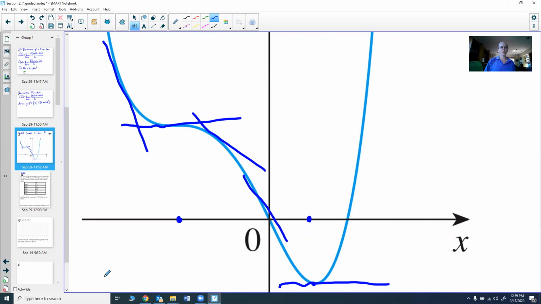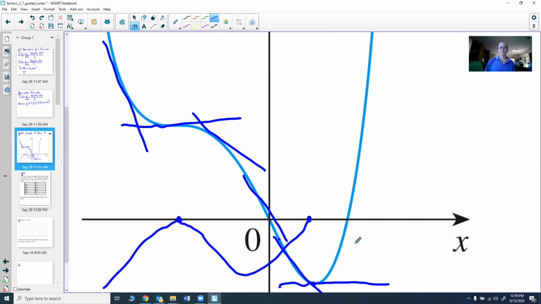So it looks like we're very negative, less negative up to 0, still less negative, but then more negative. Then again, that tangent line would have a less negative slope, and then we're back to 0. So it looks like we're negative, negative, negative, coming up to 0, coming back down, being negative, more negative, less negative, and then back up to 0.